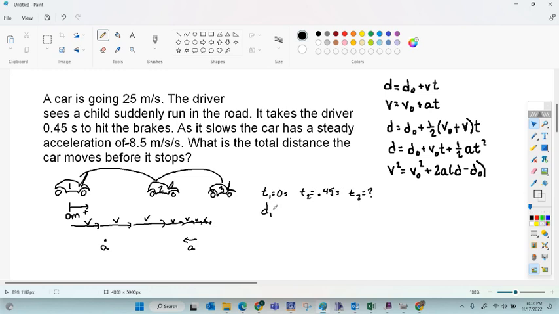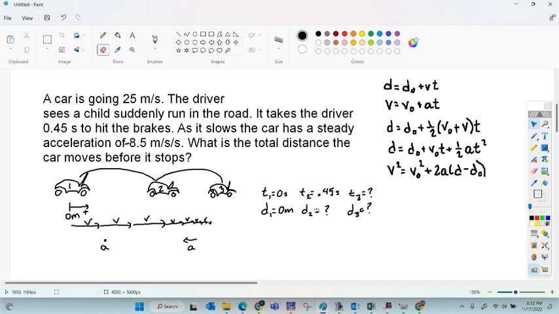We know our first position, where we start, is at 0 meters because we were smart about where we picked. Our second position, we don't know. And our third position, we also do not know.